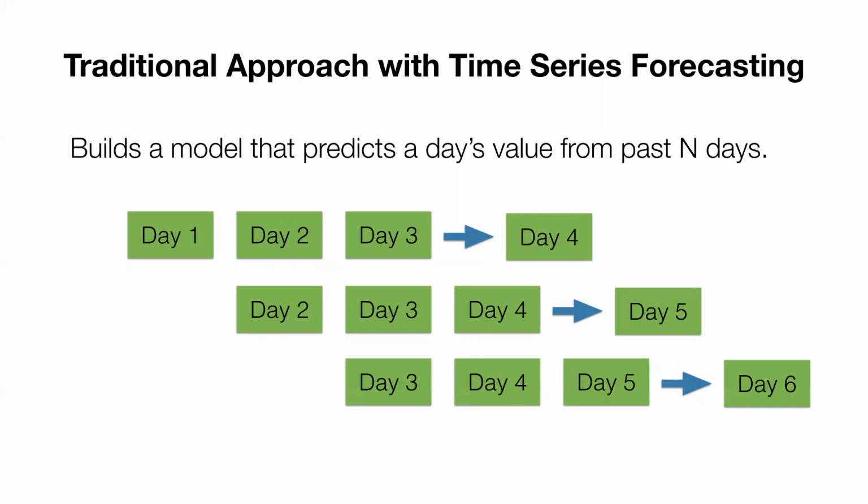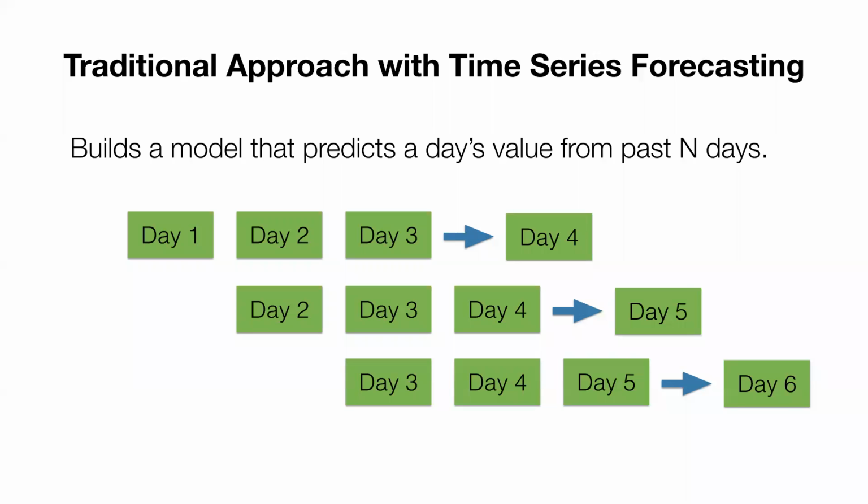The traditional statistical approach is to pick previous periods, say day 1, day 2, day 3, then predict day 4, then shift those periods and forecast the next day, and you create the model to do these types of things.